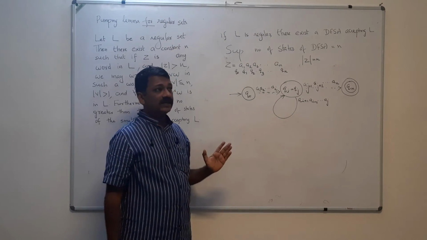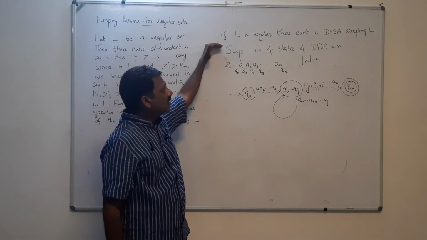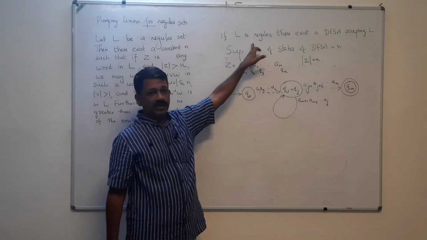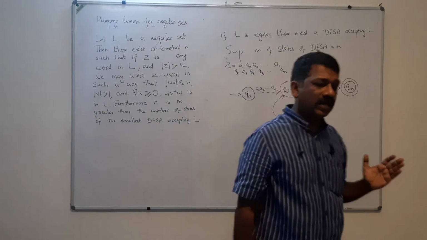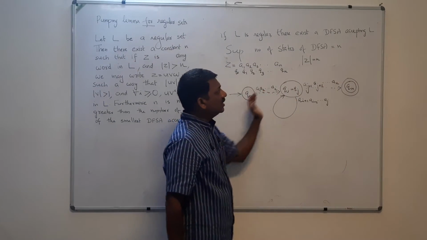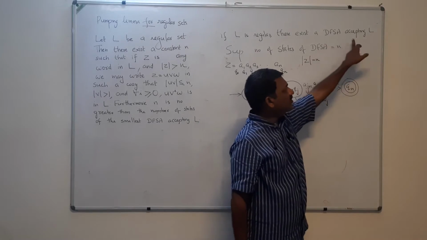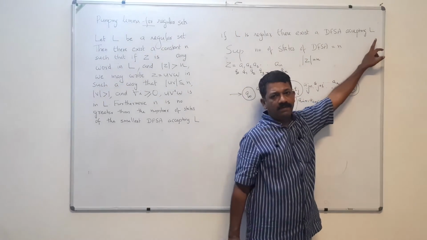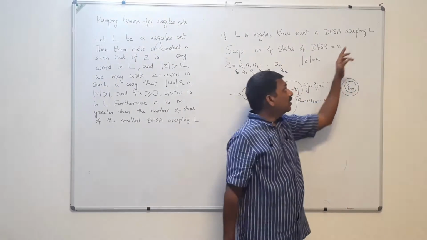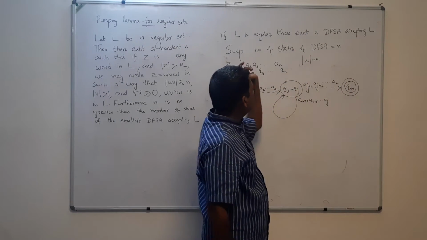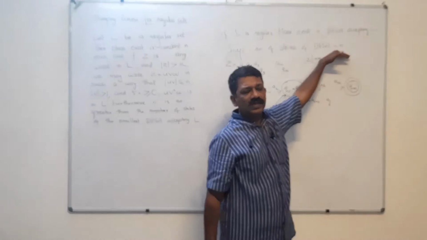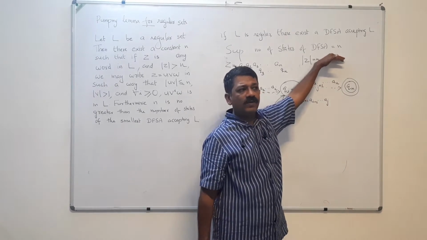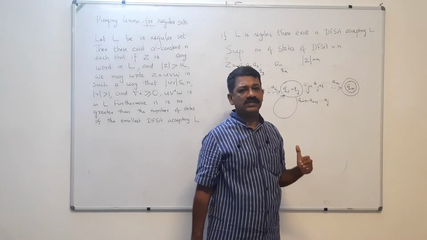The theorem is like this. That means if you have a language which is a regular language, then definitely there is a deterministic finite state automaton which is accepting L. Now suppose that the number of states of the deterministic finite automaton, we are limiting that to n states.